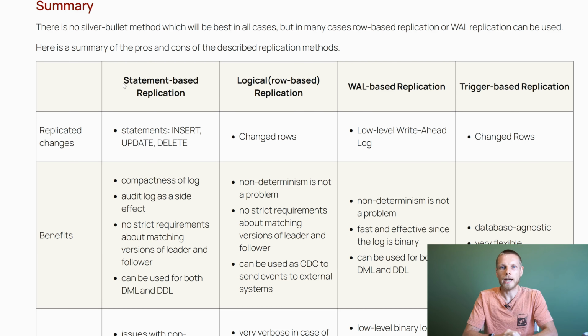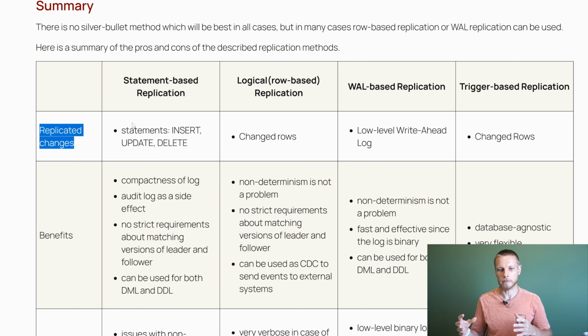As a summary, I'd like to compare those methods and highlight their differences, benefits and drawbacks. First, let's review what exactly is being replicated in each method. In statement-based replication, as follows from its name, the statements themselves are replicated, so basically insert, update, delete.